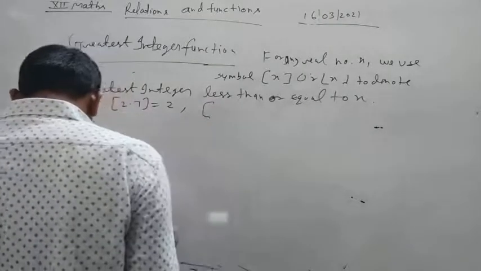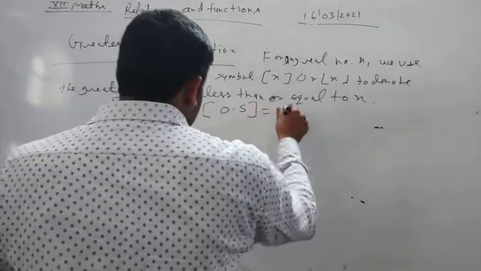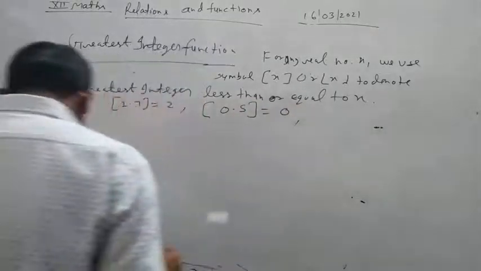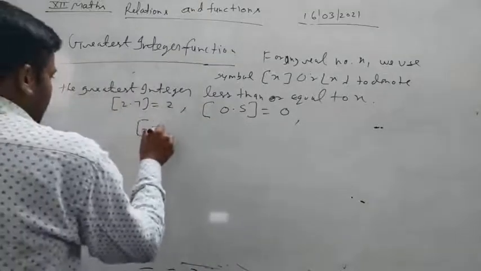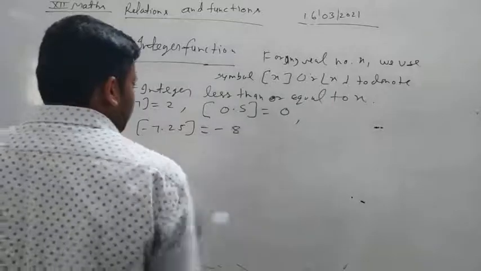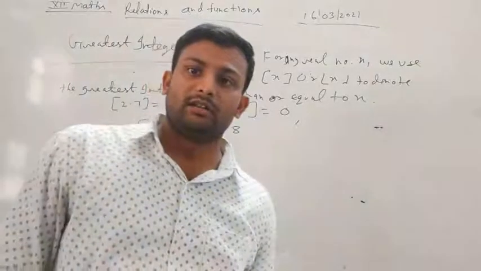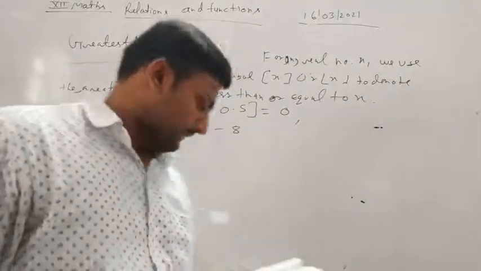If we are given 0.5, its value will be 0, and if we have minus 7.25, then this will be equal to minus 8. So this is our greatest integer function.